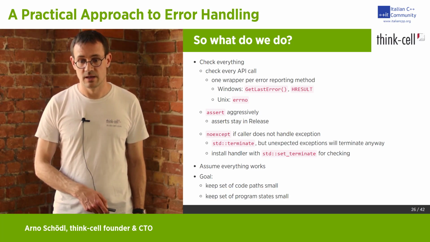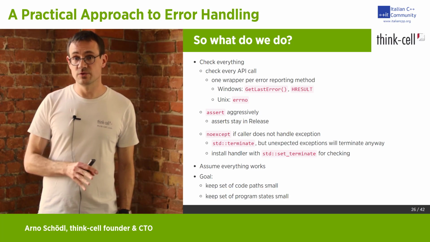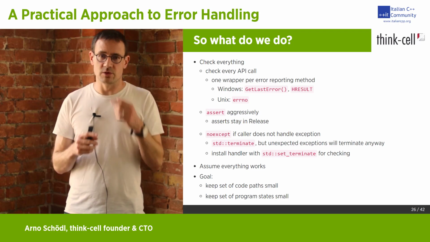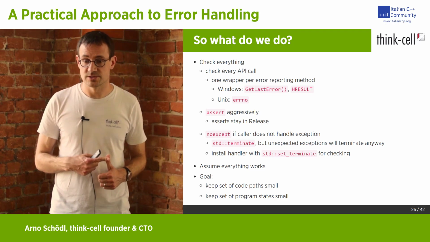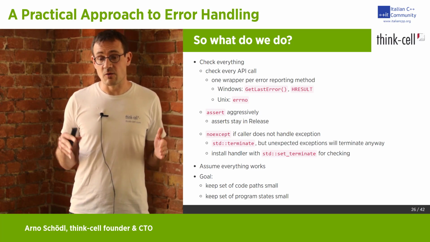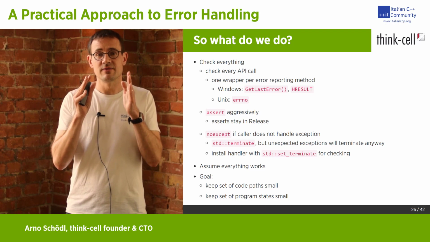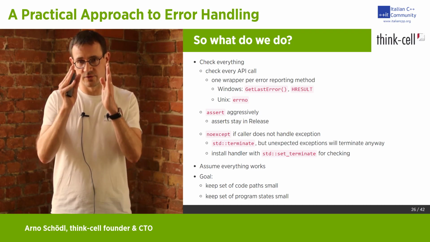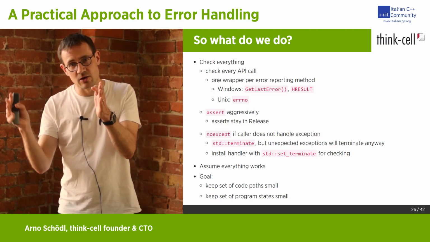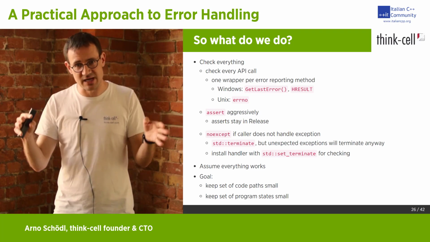So what's the goal here? Why do we do this? Well, first of all, we want to ensure that everything works, of course. But the second goal is that we want to keep the set of code paths really small. We want to keep the program on this narrow path of correctness. We don't want it to stray out, and we don't handle all these cases where it strays out from this narrow path.